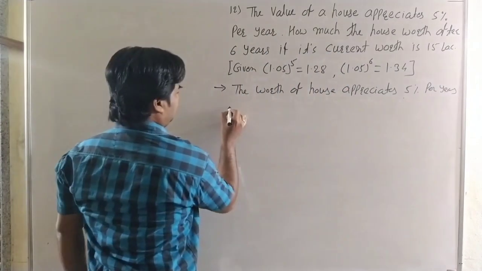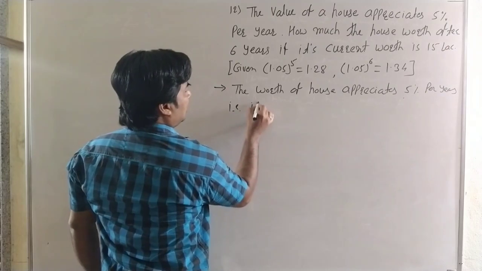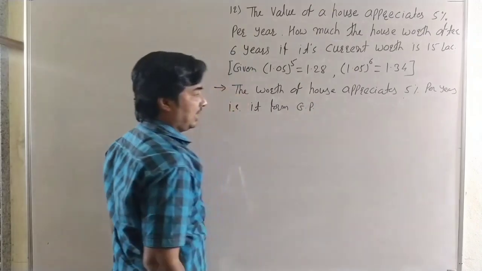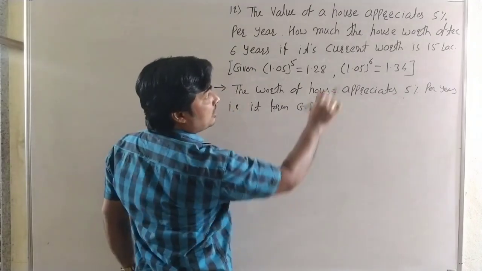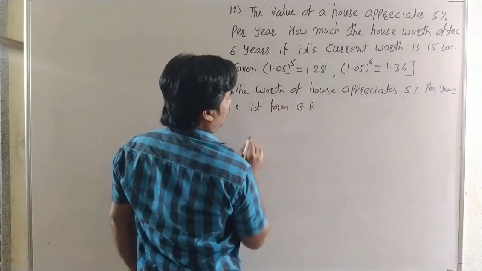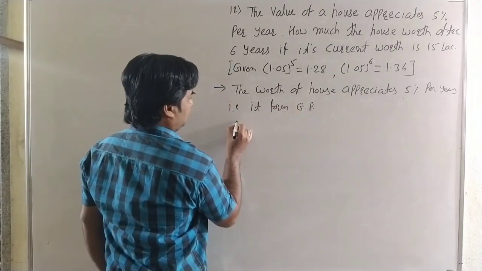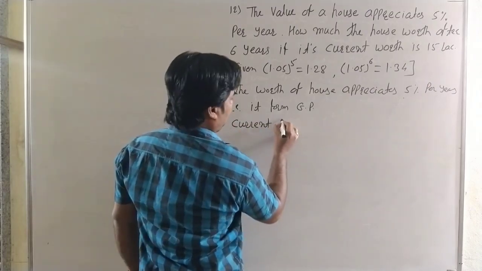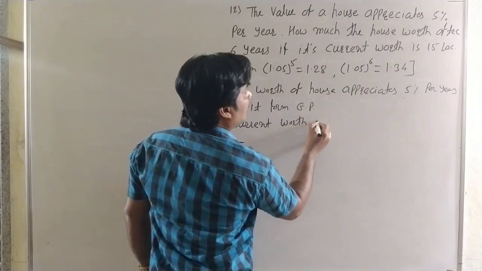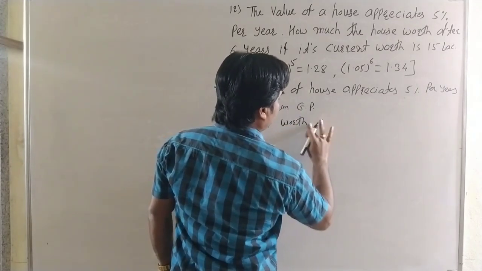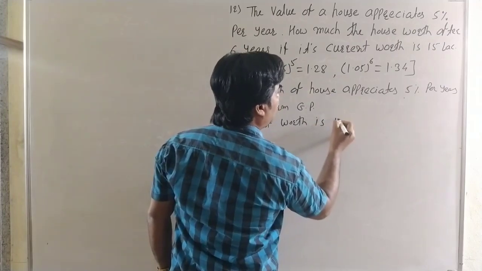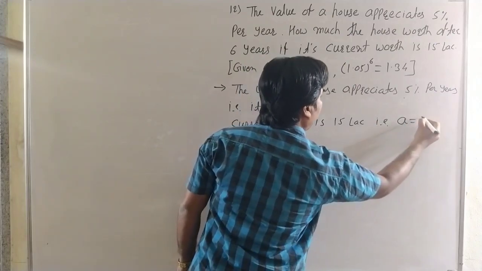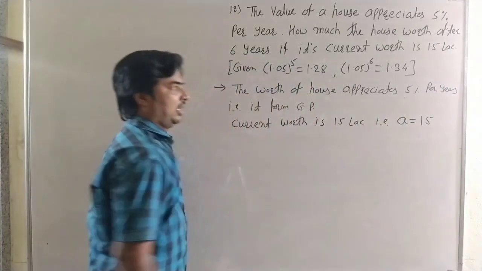That means it forms a geometric progression, and the first term is 15 lakh. The current worth of the house is 15 lakh. That is the first term, A is equal to 15 lakh.